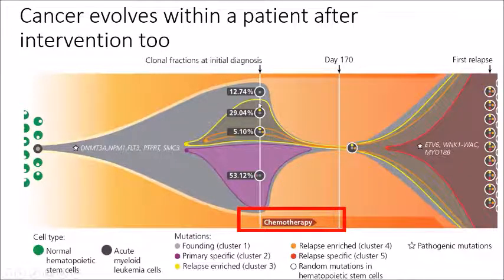But you'll notice that the cancer cells don't disappear altogether. Now the purple bubble stops, and so we could say that those purple cancer cells went extinct, but the yellow and orange varieties continue to live.